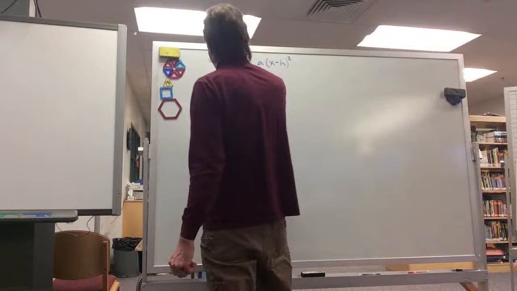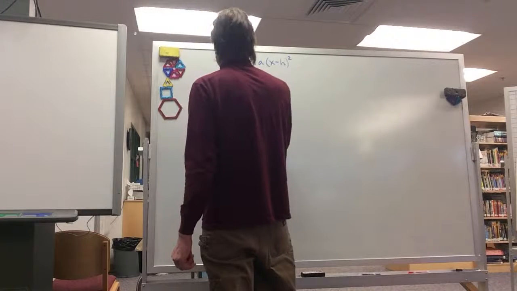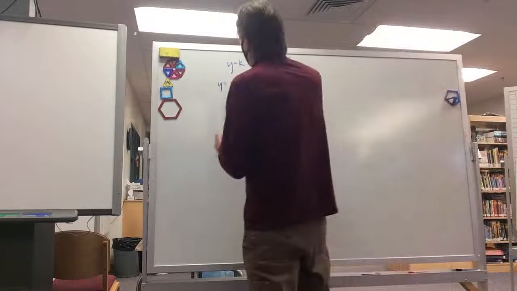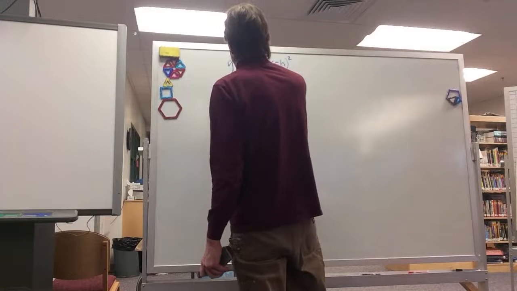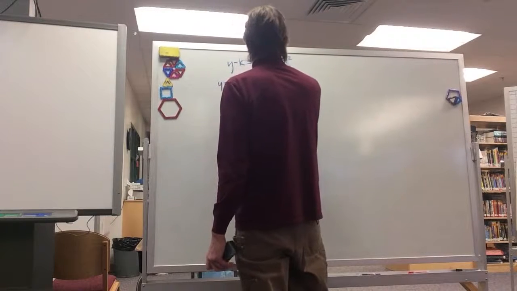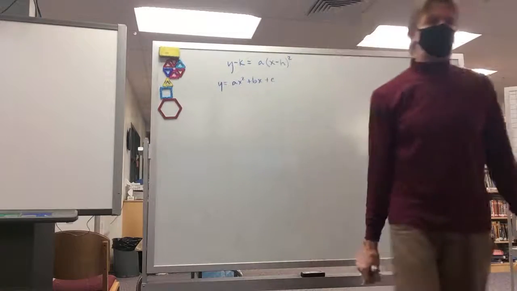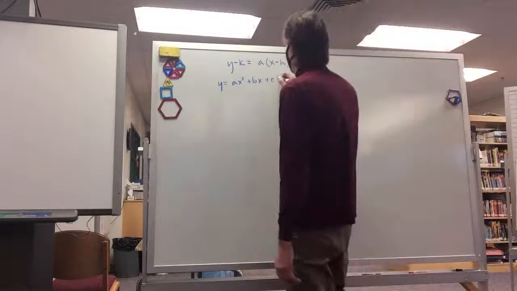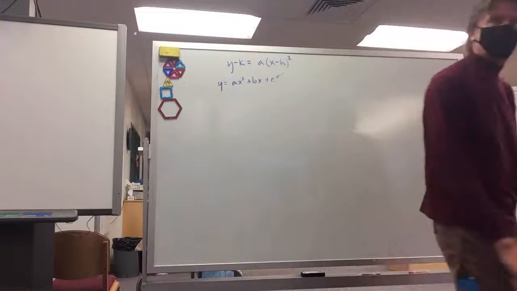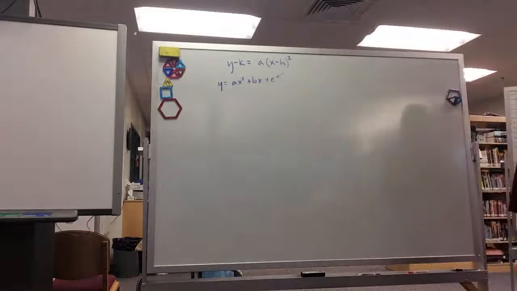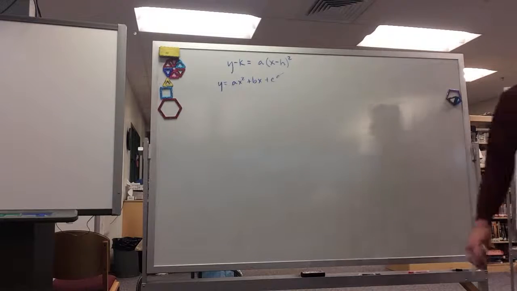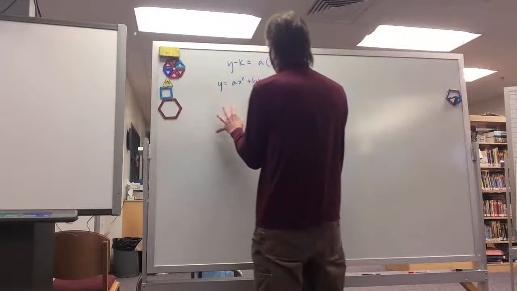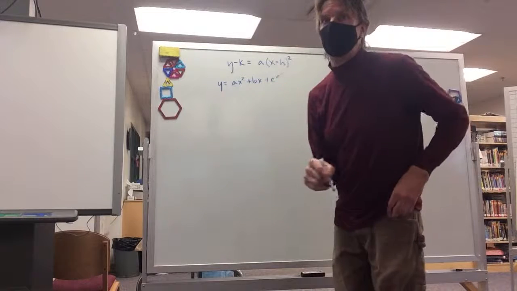If we had the standard form, which is this right here, is there another way to write the standard form? If I substitute for C, where does C come from in terms of A and B? If this is going to be a perfect square, where would that come from?